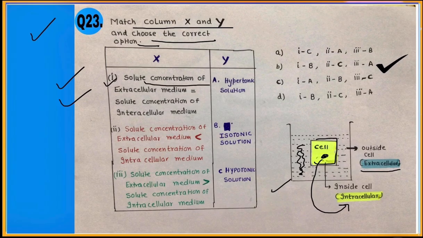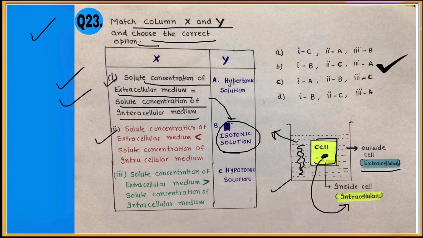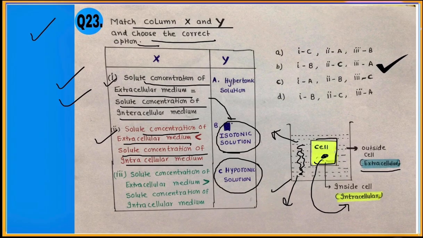Now read the statement number 1. Solute concentration of extracellular medium means this medium. अगर यहाँ पर solute concentration equal है to the solute concentration of intracellular medium, then such type of solution is called as isotonic solution. Come to second, solute concentration of extracellular medium. अगर बाहर का जो solute concentration है वो कम है as compared to solute concentration of intracellular medium, then this type of solution is called as hypotonic solution.